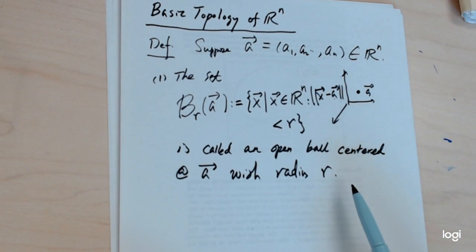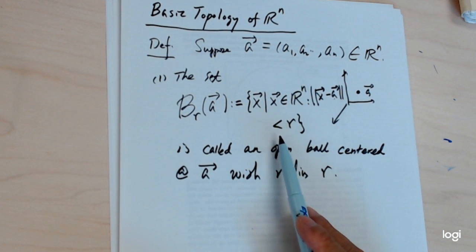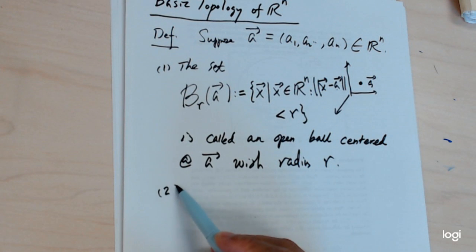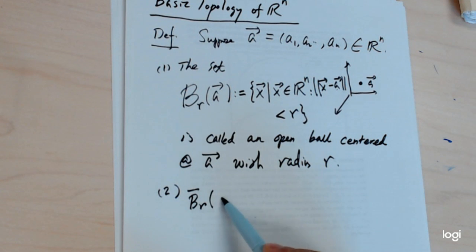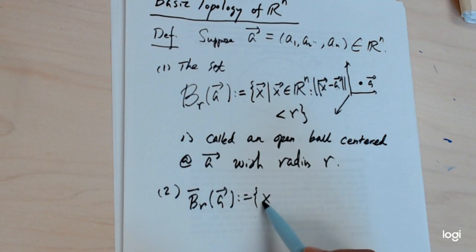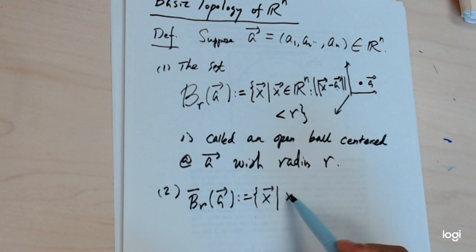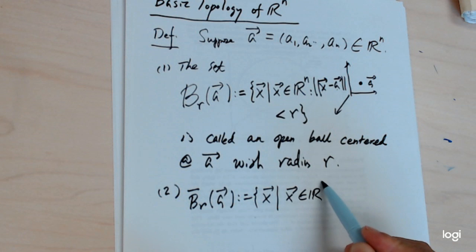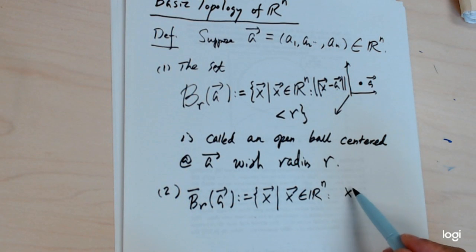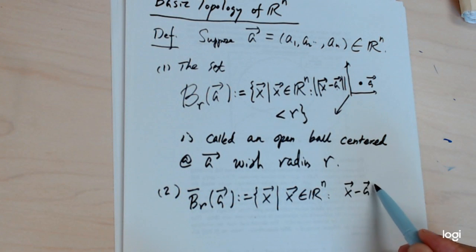So what is a closed ball? A closed ball obviously includes the boundary. So here's a closed ball. We put a bar on the top, indicating we're going to include the boundary. The definition is almost identical, except we allow the inequality to be equal.